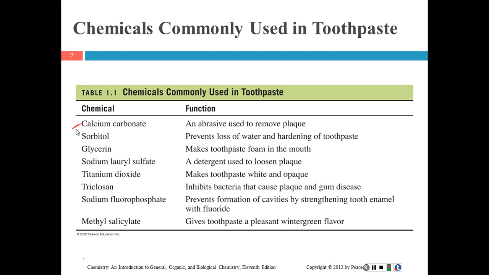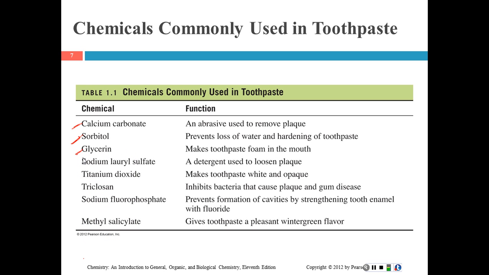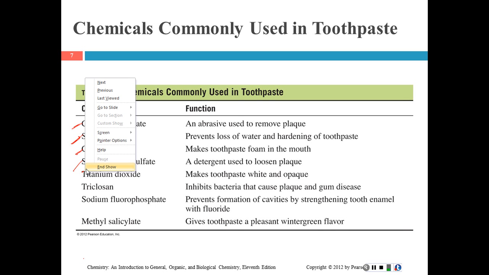Calcium carbonate is the abrasive, which removes solid material. Sorbitol is a sweetener, and it also hangs onto water, keeping the paste a paste instead of drying out. Glycerin makes it foam. Sodium lauryl sulfate is the detergent as you're cleaning your mouth.